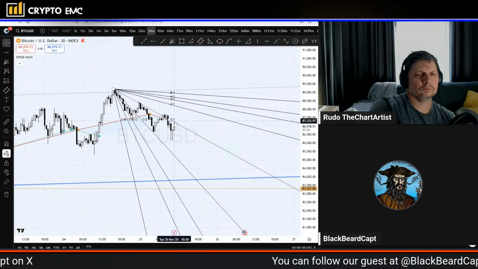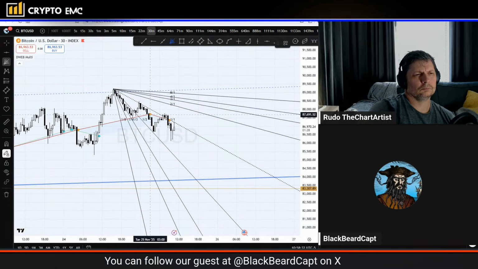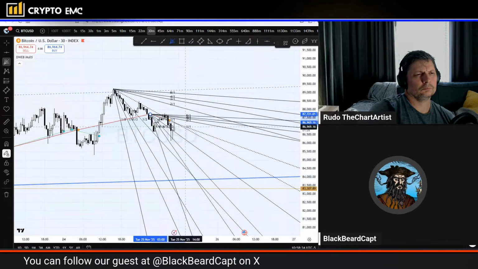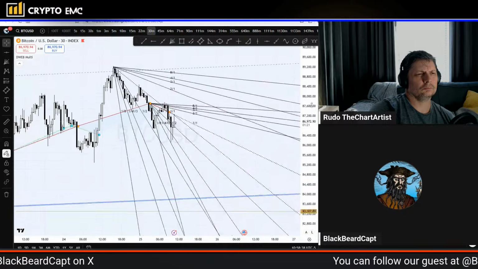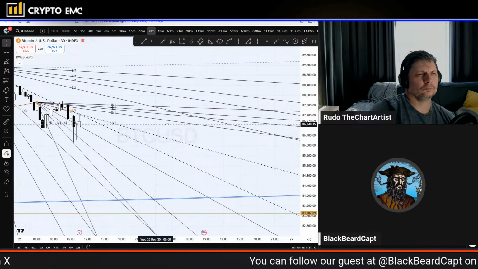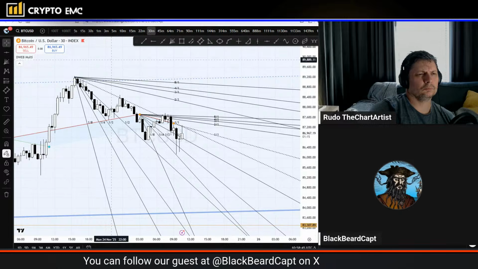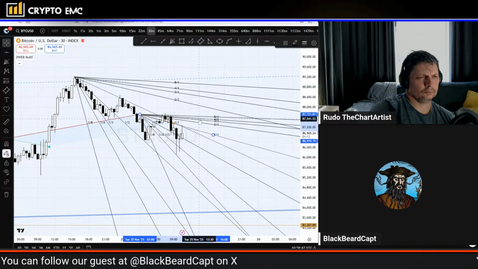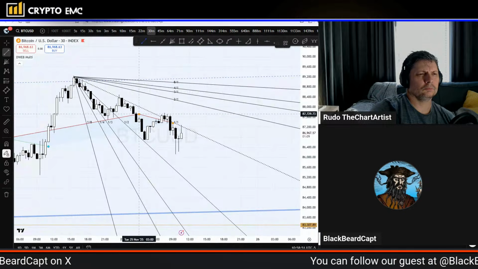It's just right now, no matter which way you cut it, it's hitting an area that is pretty easy to see that it's important, but it's going to be hard to breach. I mean, it's basically at a double 1-to-1 from this perspective. Even if I just drew a trend line there, you would see that.